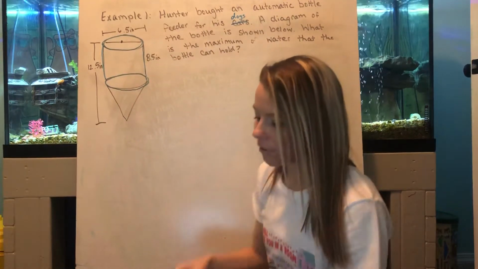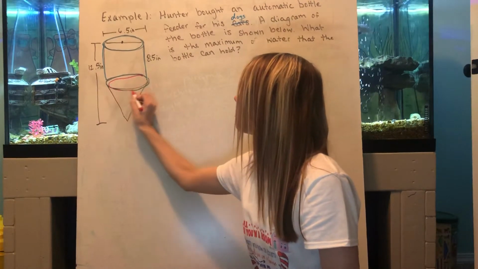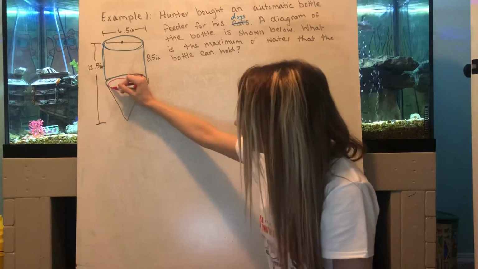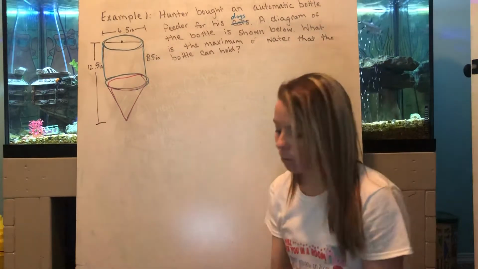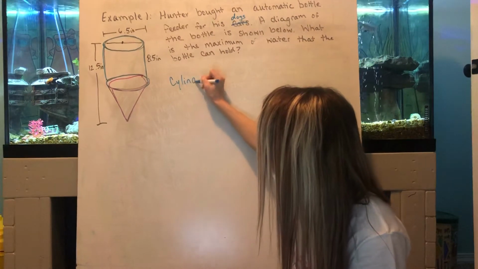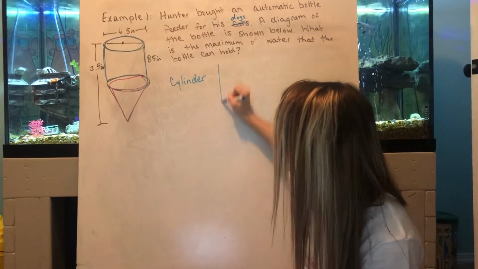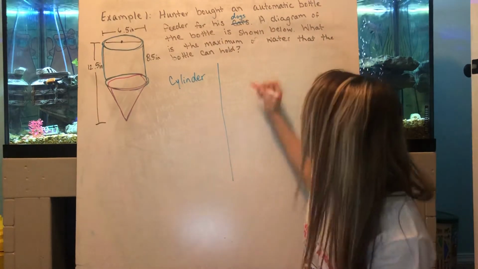And then if we identify the rest of the solid, the pink part right here, oh, that was a terrible oval, is a cone. So we have a cylinder and we have a cone put together to make this bottle feeder.